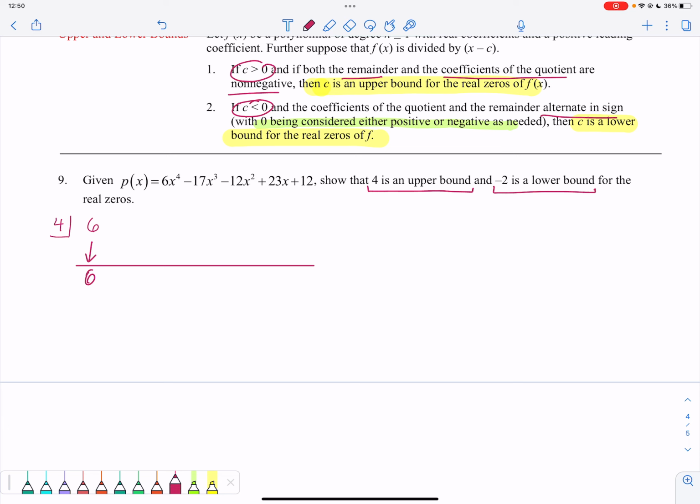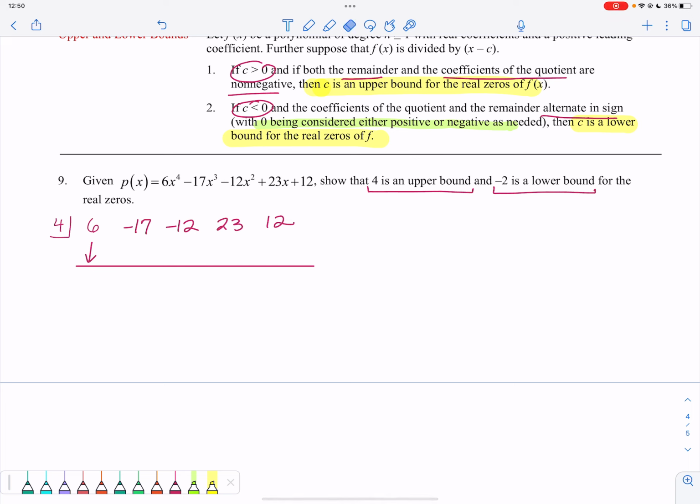Okay, so 6, negative 17, negative 12, 23, and 12. So we'll drop the 6. And then 24 minus 17 is 7.